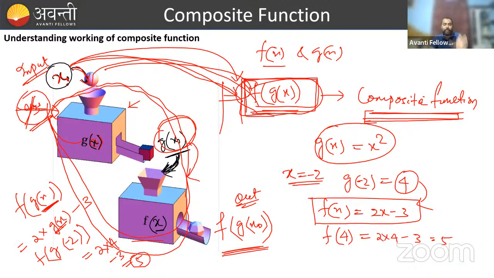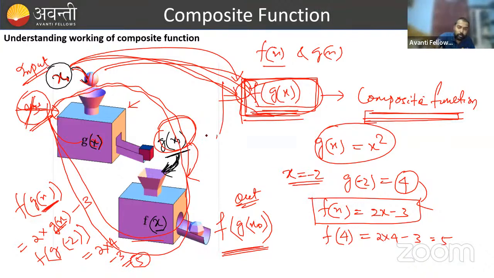Directly when you give input x naught, we get output f of g of x naught, by using the composite function. Again, you can say, sir, if we take another function and give input f of g of x naught to that function, then you will get another composite function. Yes, obviously. Okay? So this is all about your understanding of composite function.